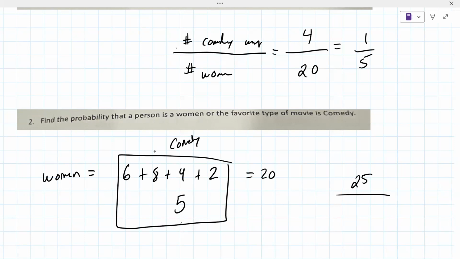How many are there in the whole table? In the total, for the total, yes. 50.